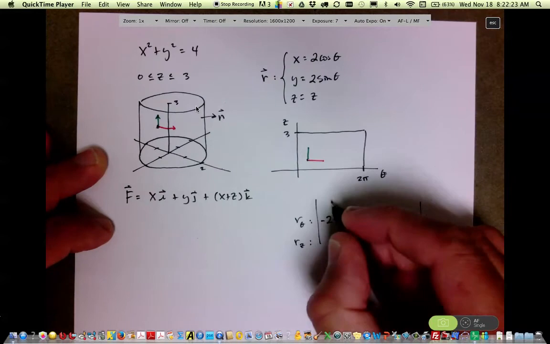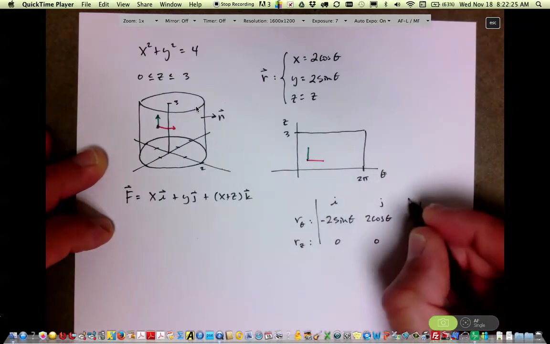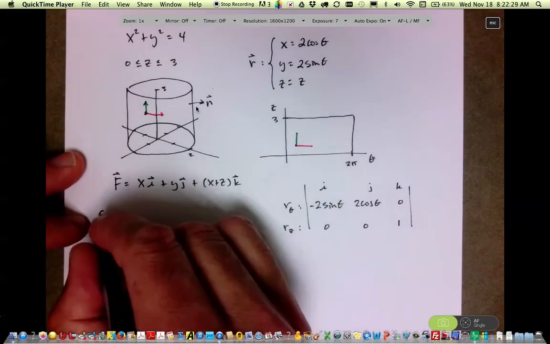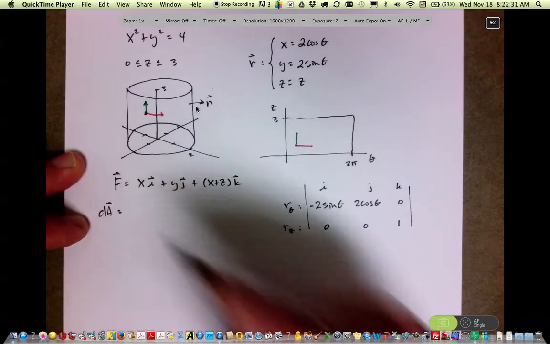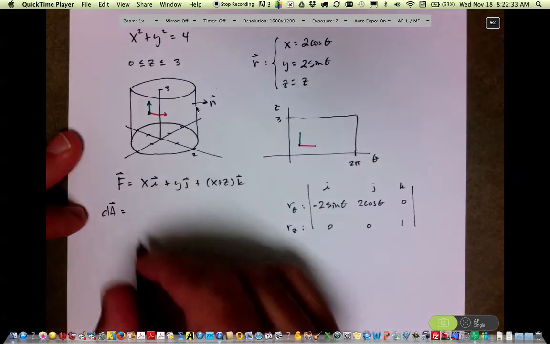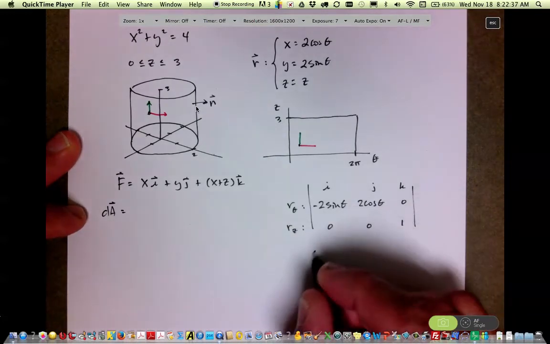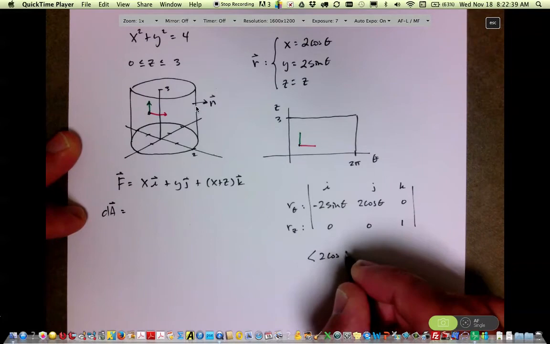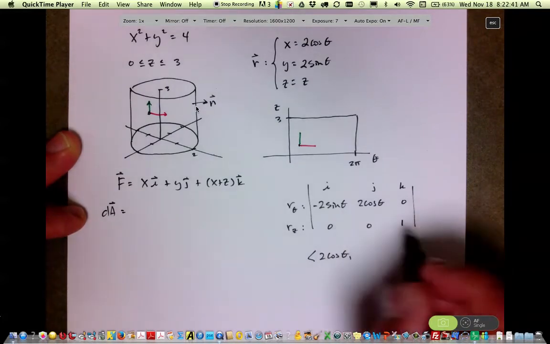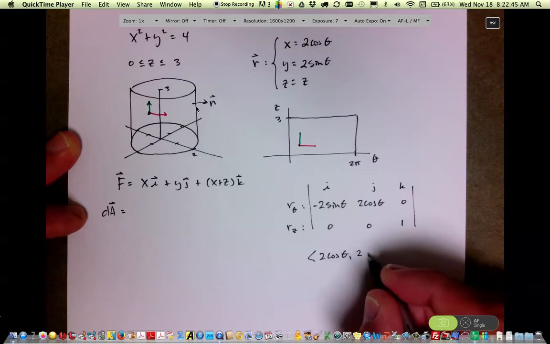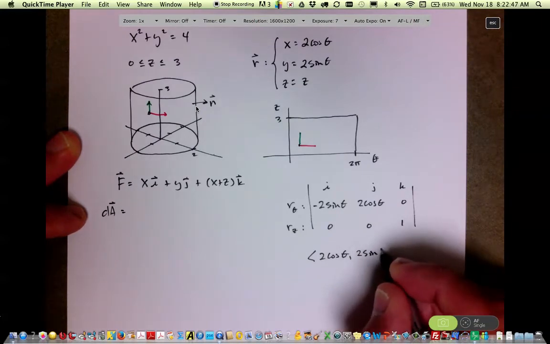All right, so take the cross product of this to get the area vector. So dA: the i component is going to be 2 cosine theta. The j component is going to be negative sine minus 0, and remember to change the sign, so 2 sine theta.